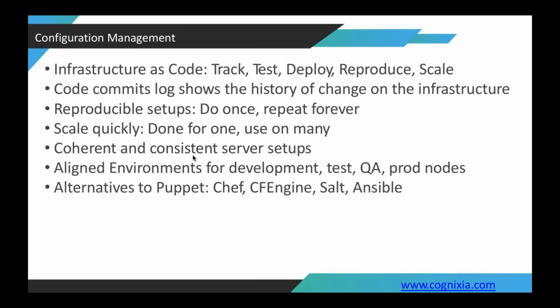Now when a new server comes up, you can bootstrap that server through Chef or Puppet, and then the agents are going to be installed, and on the basis of the roles that have been assigned to that node, you can go ahead and run the configuration through this configuration management tool, and your node will become up and ready to deliver the traffic. Okay, this will take only a few minutes to build up the entire node from scratch. That's why the scaling becomes much easier with the configuration management tools.